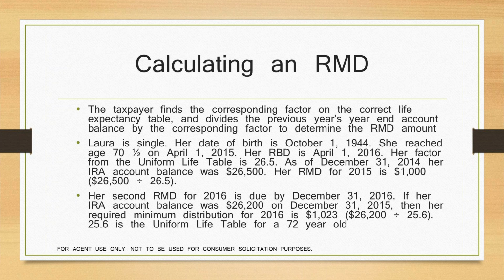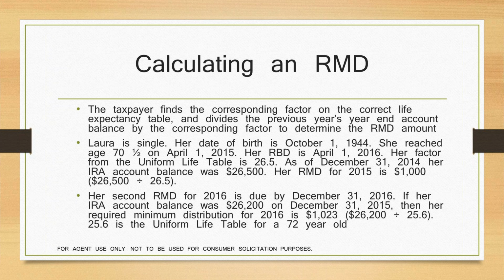So how do you calculate a required minimum distribution? Well, you look at the right table and you divide the previous year's year-end account balance by the factor from the table, and the factor you pull from the table is for the birthday that the person turns in the year the RMD is due. So let's say Laura's single, her date of birth is October 1st of '44.